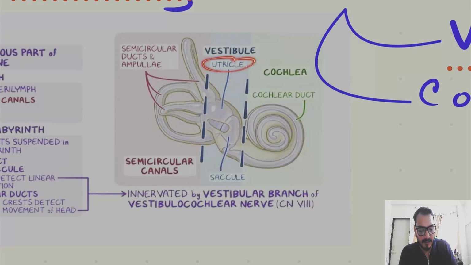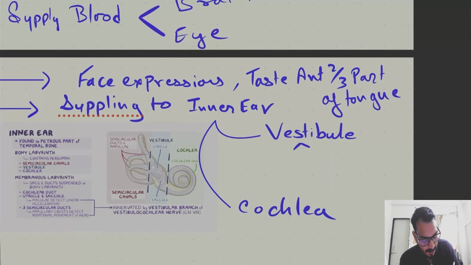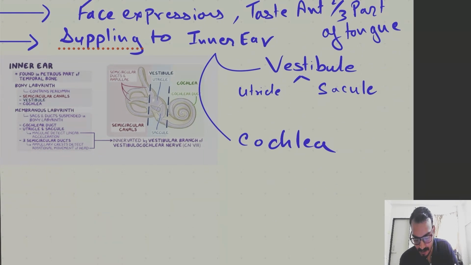In the vestibule we have two different parts known as utricle and saccule. And what is the function of the vestibule, guys? The function of the vestibule is to give balance and equilibrium.